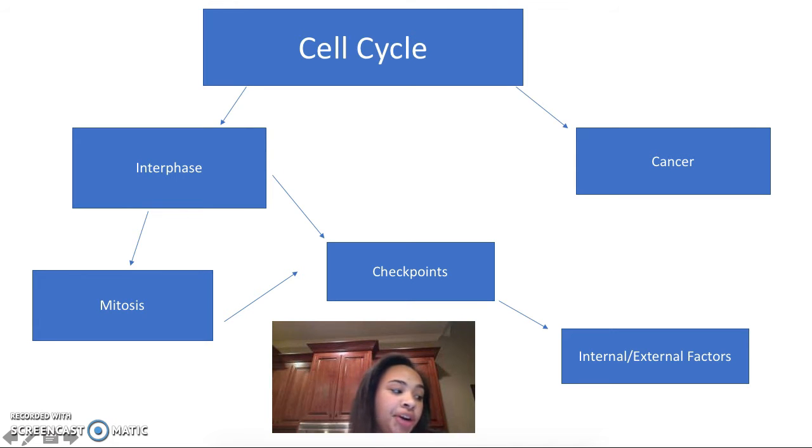The checkpoints act as built-in stop signals that halt the cell's movement throughout the cell cycle unless they're overridden by go-ahead signals. You're probably going to ask, how can the cell override the stop signals and get the go-ahead signal? It's through its completion of these internal and external factors. We're going to discuss it more now.